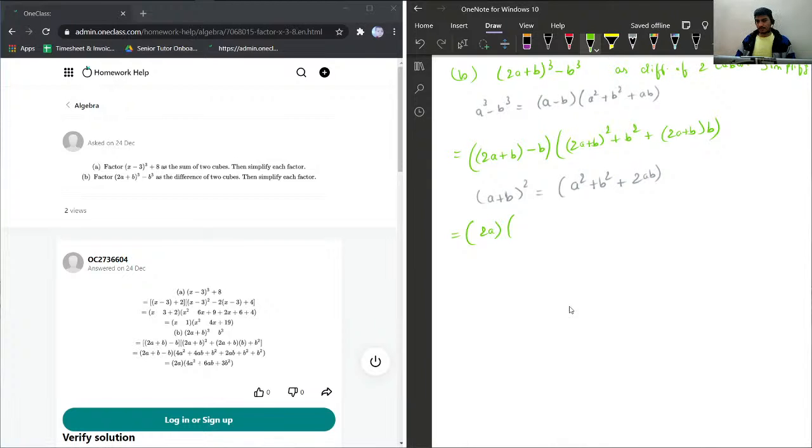Now I'm going to expand this term using this identity. So this will become 4a² plus b², and this will be 4ab. Then we have the b² term here, plus we'll multiply this b with 2a, so this will become 2ab, and we have one more b².